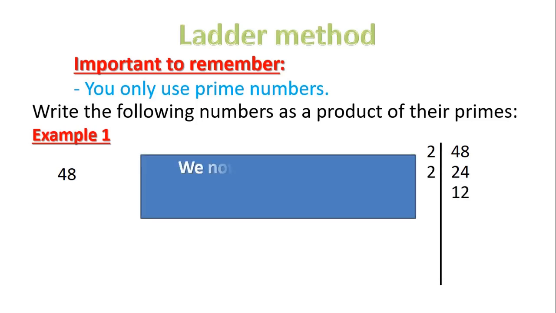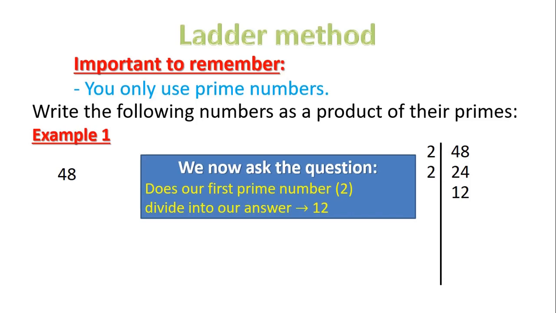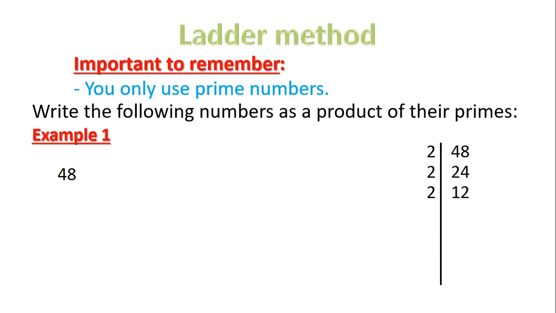Next thing we do, does our first prime number 2 divide into our answer of 12? Again, hopefully you can tell that it does. So we write the 2 next to the 12 and we do a division. 2 into 12 goes 6.